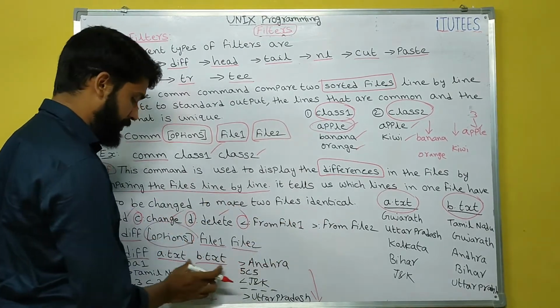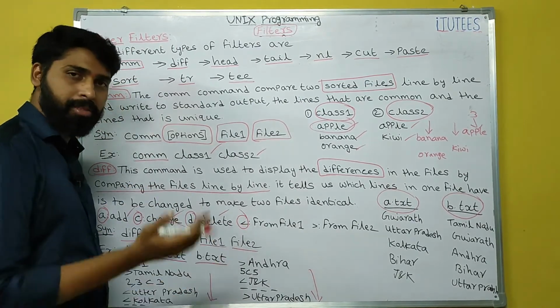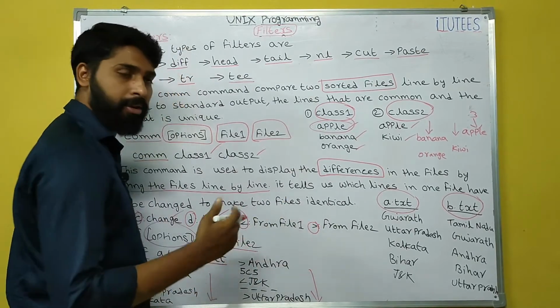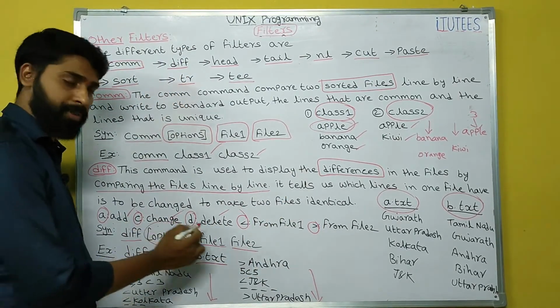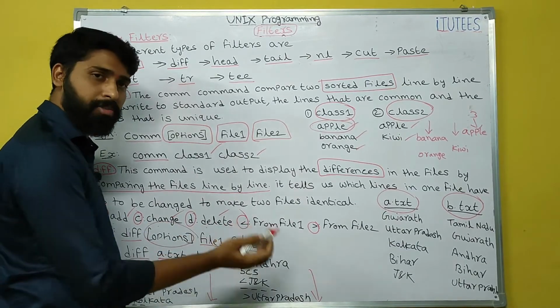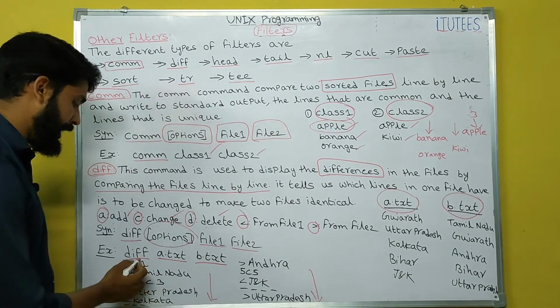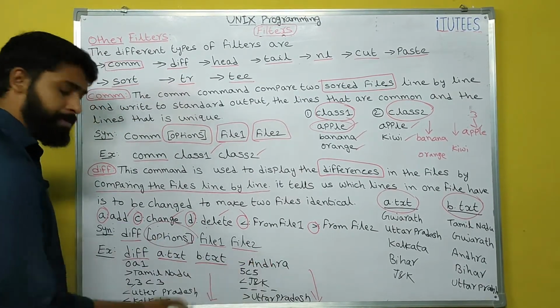There are two files, one is a.txt, another one is b.txt. Less than symbol means from file 1. Similarly, greater than symbol represents from file 2. A means add, c means change, d means delete, less than means from file 1, greater than means from file 2.